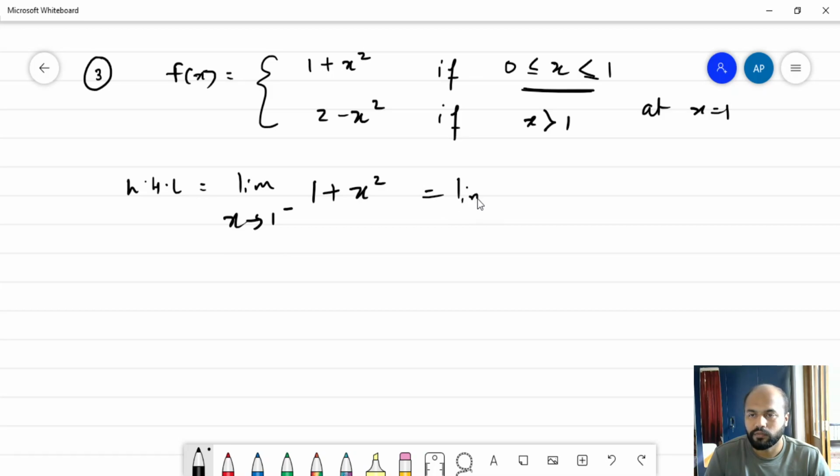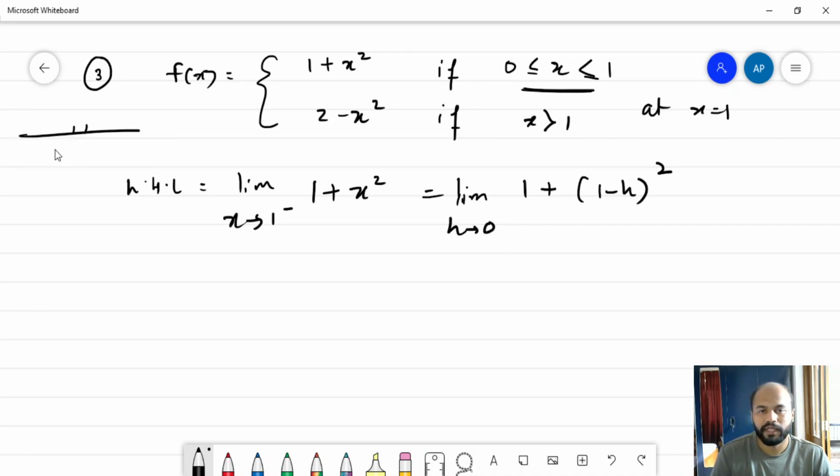Now over here, in place of x, we're going to put 1 minus h, where h is tending to 0, because we're talking about the left value. So to the left of 1, we're taking a value which is 1 minus h. To the right of 1, we're taking the value 1 plus h. So put h as 0, and what we get is 2.